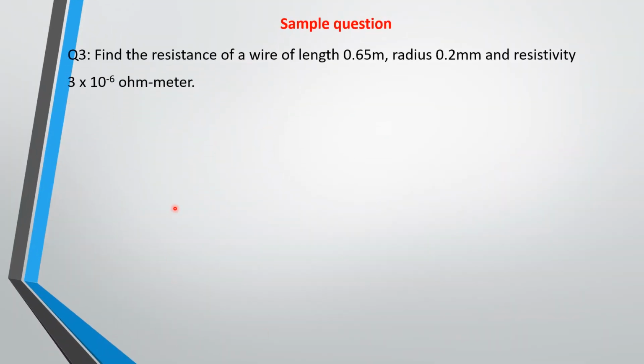This is another question. Find the resistance of a wire of length 0.65 meters, radius 0.2 millimeters, and resistivity 3 times 10 to the power minus 6 ohm meters. So this one is given to you.